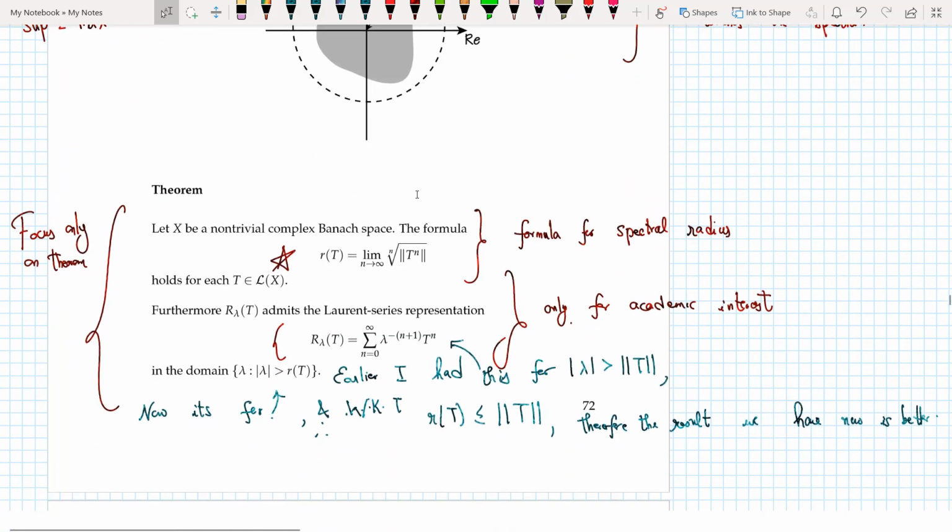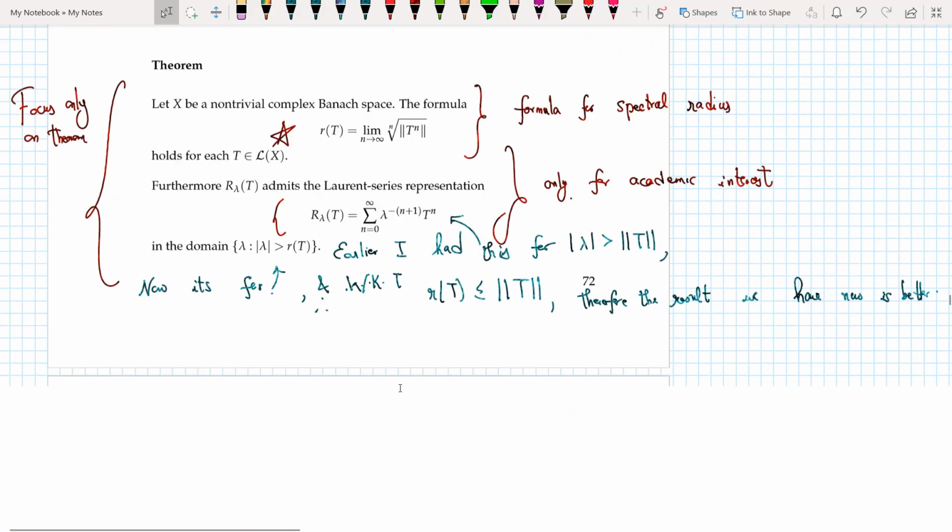Now I had a theorem before in which R lambda T is given by this representation when mod of lambda is greater than R of T. Earlier I had that this was true when mod of lambda was greater than or equal to the norm of T. Therefore we have a stronger result here, since R of T is always less than or equal to the norm of T. Therefore this result is better.